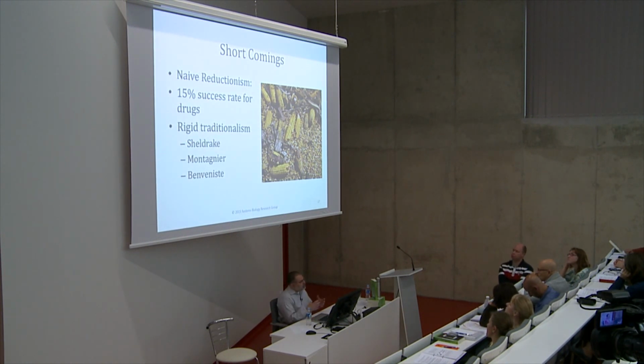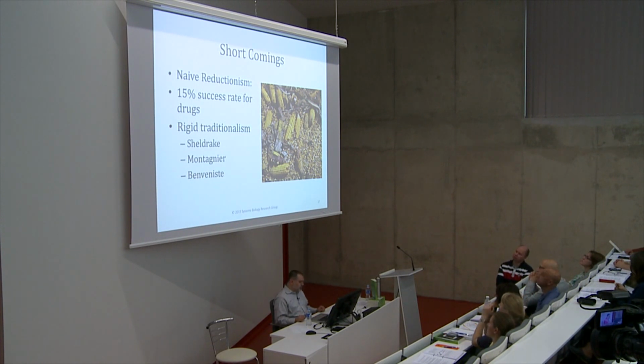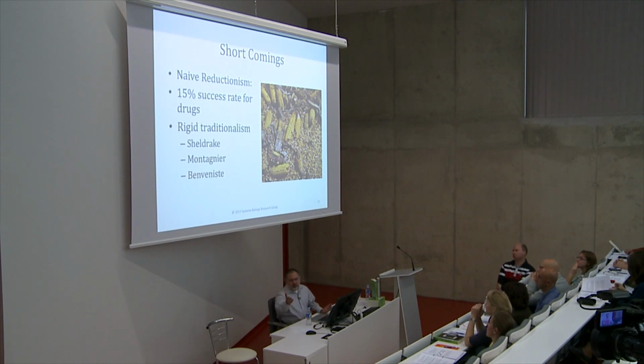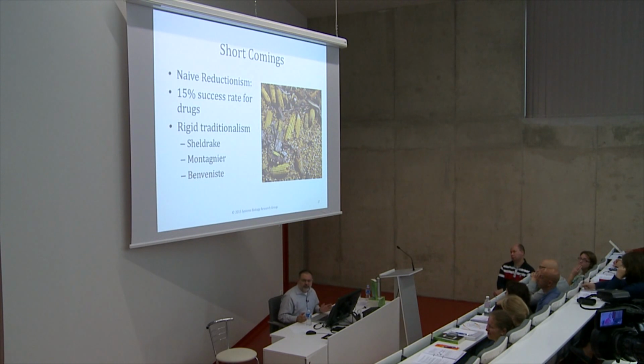But there's a number of shortcomings to this method as we currently use it. The scientific method has gone far beyond a rationalist approach to being, as we mentioned earlier, a form of naive reductionism. If the current success rate for developing a drug, and correct me if I'm wrong, Professor, is 15%.